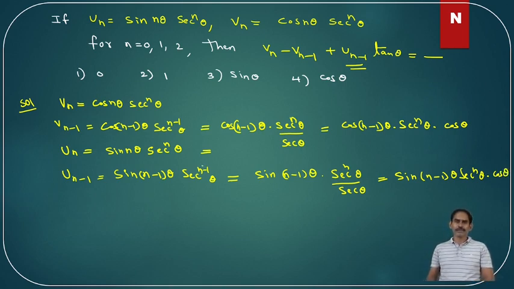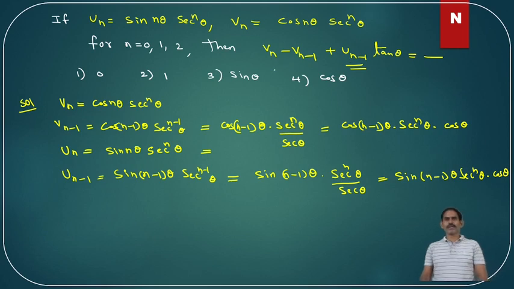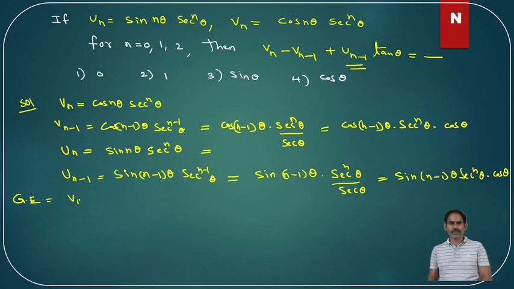Now take the given expression. What is the given expression here? Vn minus 1 plus Un minus 1 into tan theta. Simplify this. So the given expression equals, substituting here, Vn minus 1 plus Un minus 1 into tan theta.